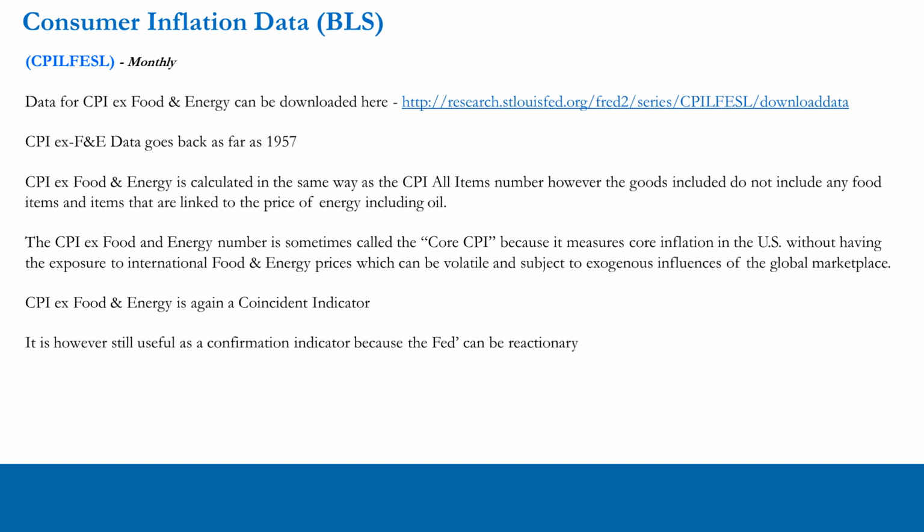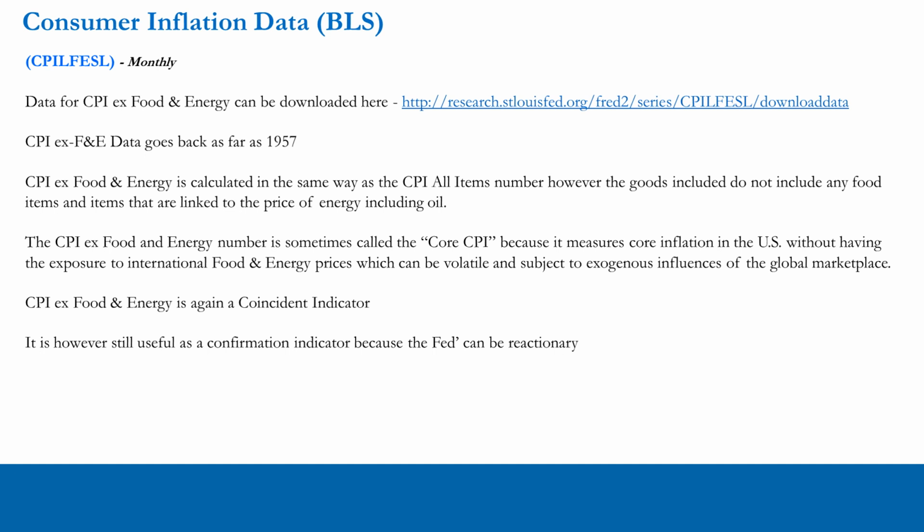It's calculated in the same way as the all items number. However, the goods included do not include any food items and items that are linked to the price of energy, including oil.